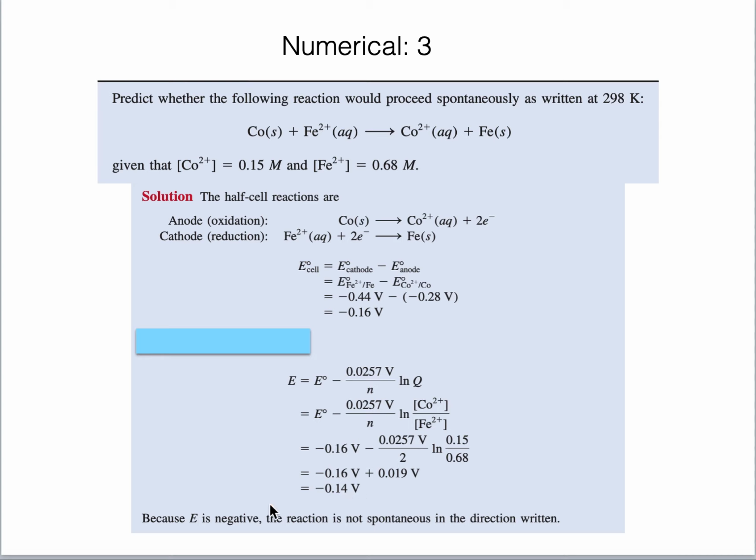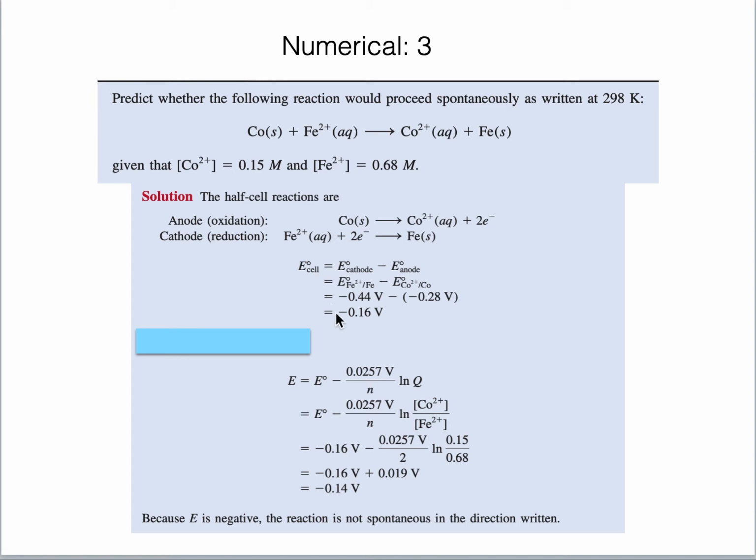You can see that the E calculated is negative. It means the reaction is not spontaneous in the direction given. That cobalt will not naturally react with iron 2 plus to give cobalt 2 plus and iron solid. This is again counter checked by the value of E naught cell. E naught cell is also negative.